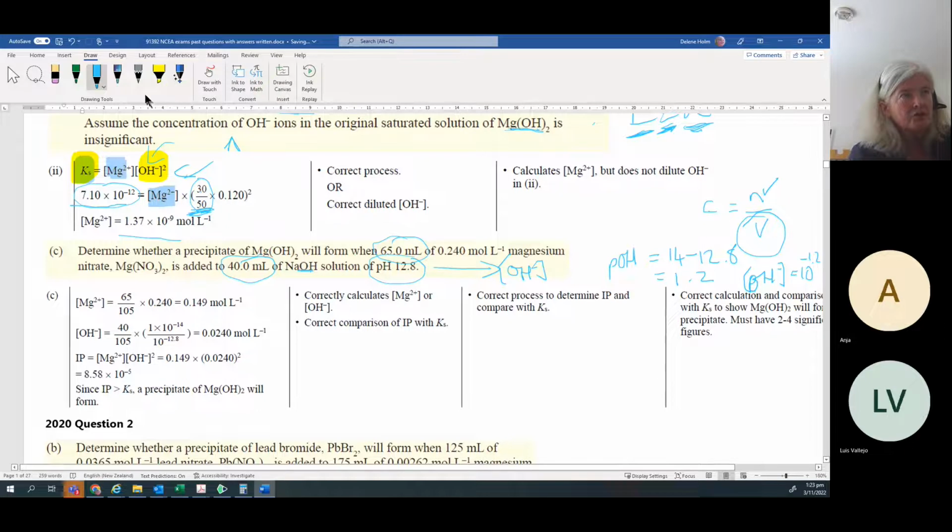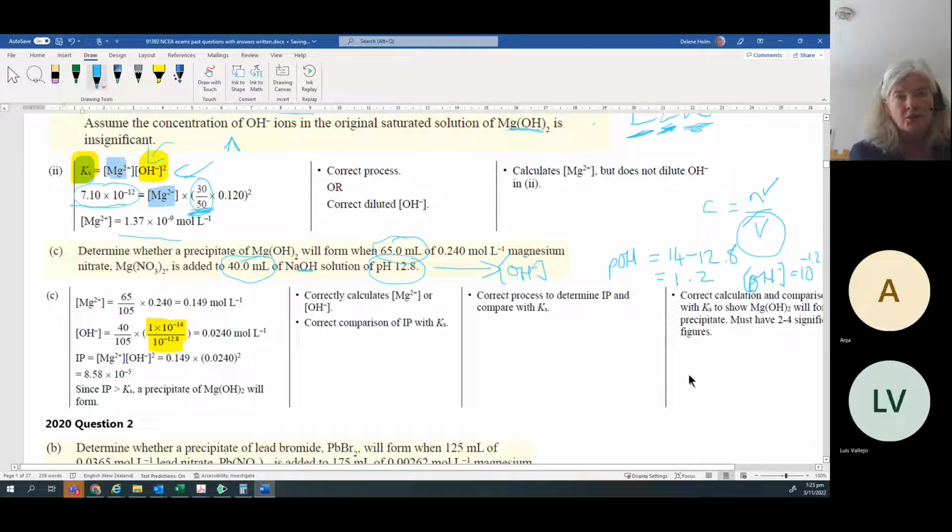If you're not sure, this is the Kw of water, and that is the pH. So they've just used it with the H. And of course, to go from pH to pOH, or to do the hydroxide part, you do need Kw.